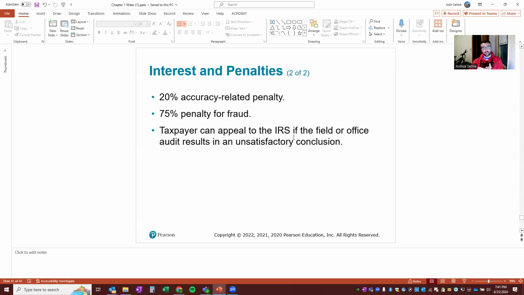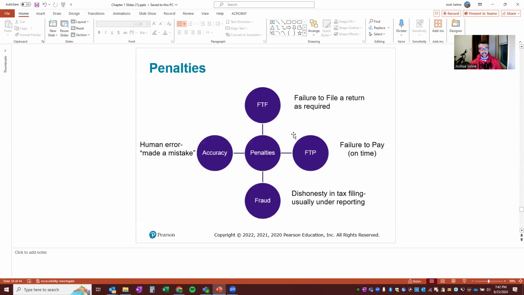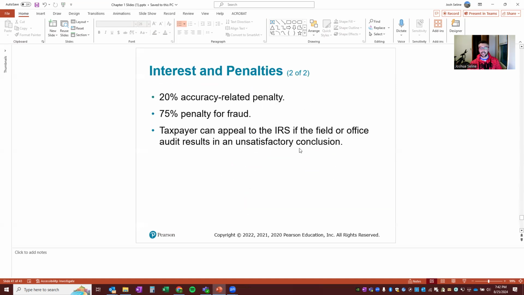And that is what we have for chapter 1. But this is going to be more of a boring topic. It's kind of laying the groundwork, but you did it, you made it, you understand penalties, you understand gross income, exclusions, various tax types, and then we will move on to chapter 2, which I promise is going to start getting more interesting.